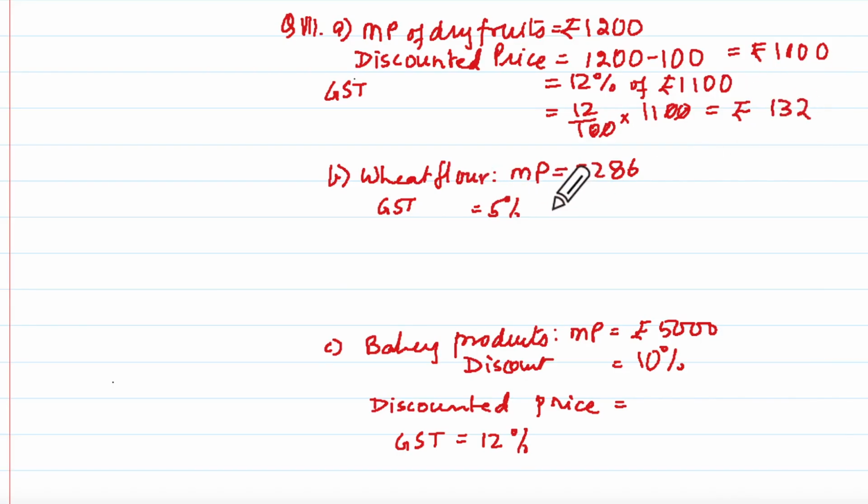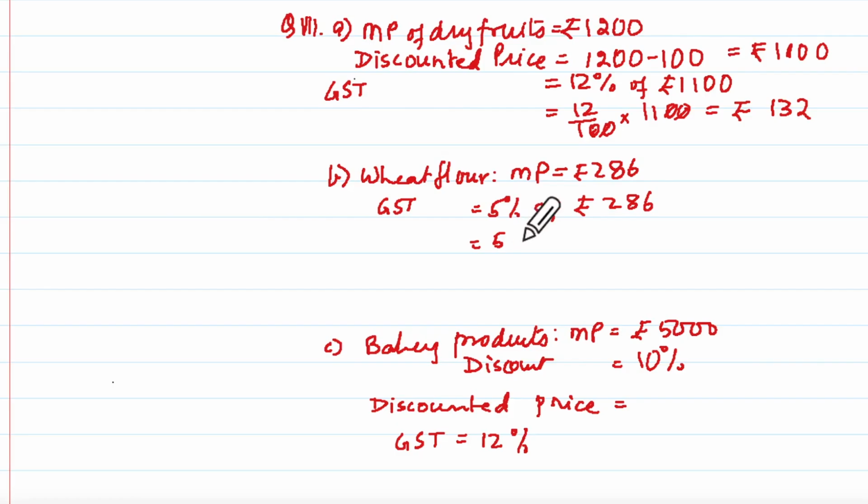Okay, GST is 5% of rupees 286. It's 130 plus 132 plus 1200, no? After price it is GST. This is GST.